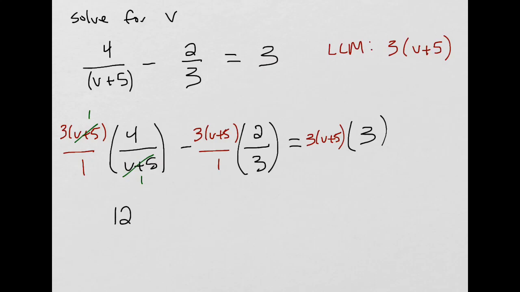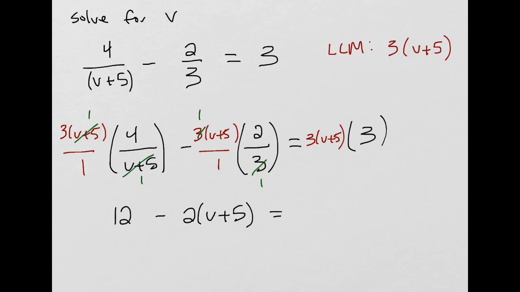If we look at the second term, we'll notice I have a 3 factor on top and a 3 factor on the bottom. So if I divide top and bottom by 3, that will leave me with a 1 there, a 1 there. And so what I'll be left with is minus 2 times v plus 5, and the bottom really just becomes 1 again, so I don't need to write it.